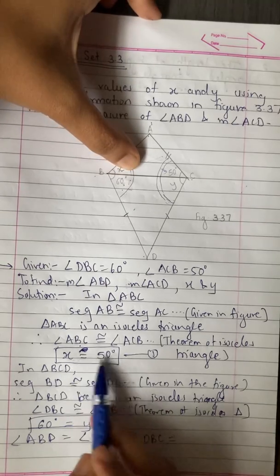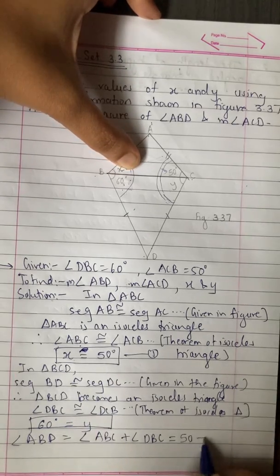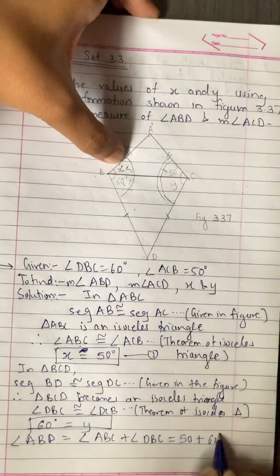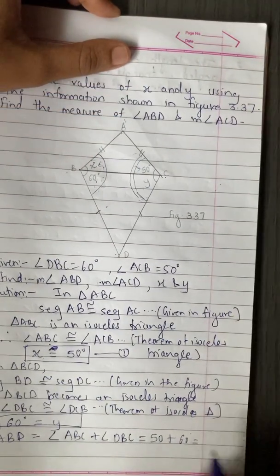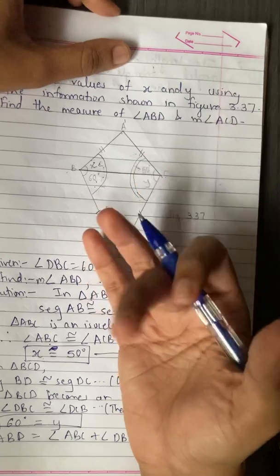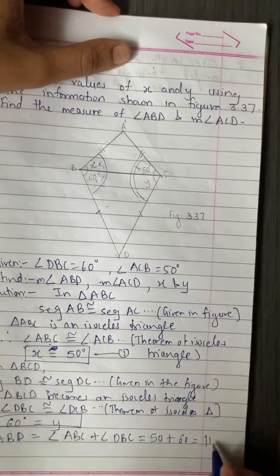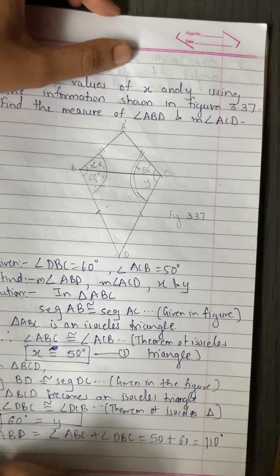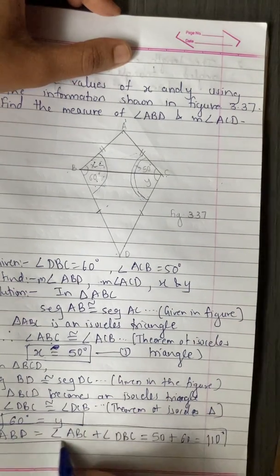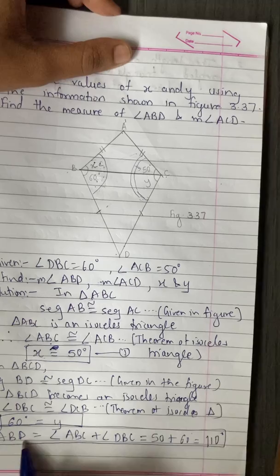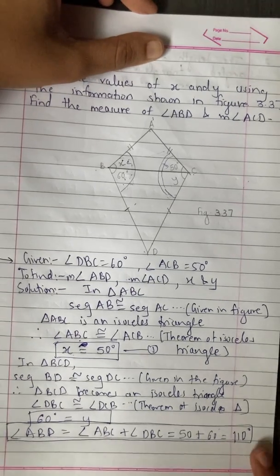ABC is x, whose value we have found out, it is 50, and DBC we already know it is 60 degree. So 50 plus 60 is what? 110 degree. Because of the shortage of space, I have written it continued in one line only. So we find out ABD is equal to 110.